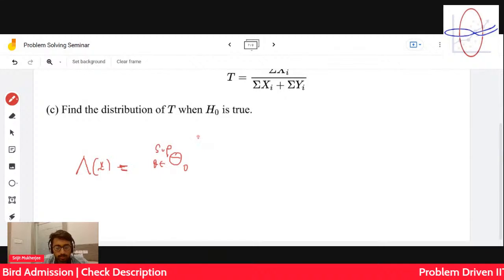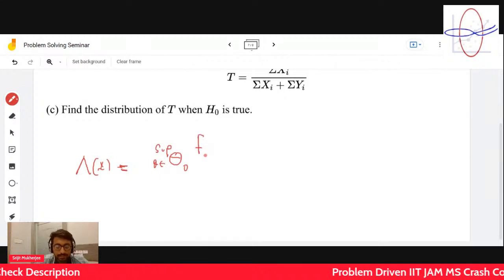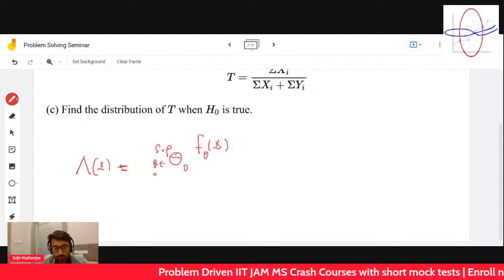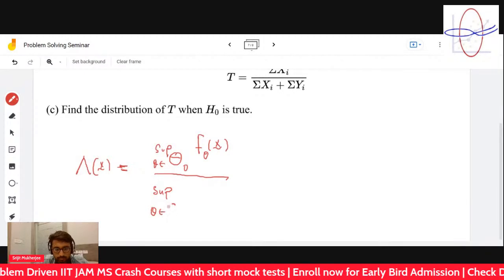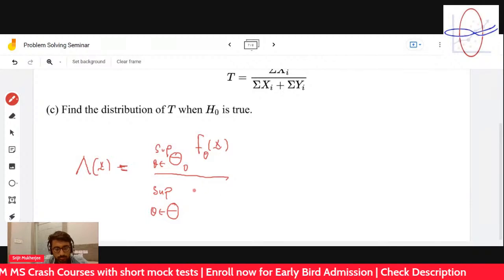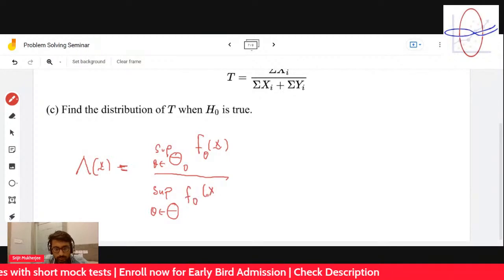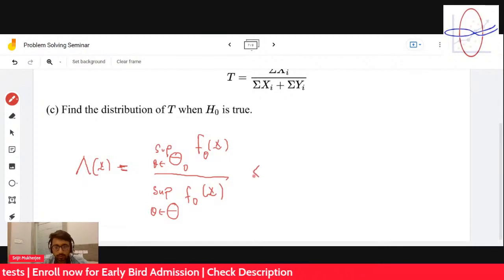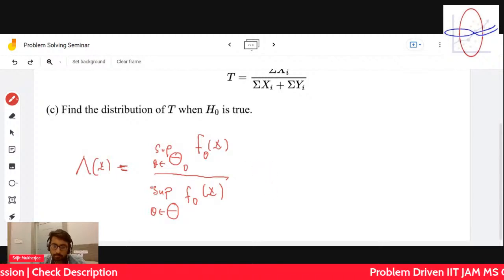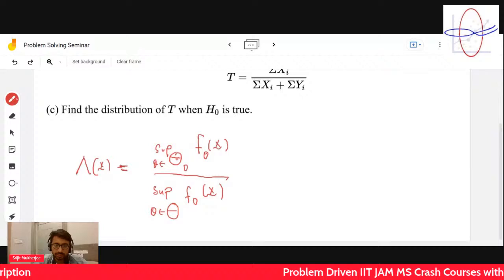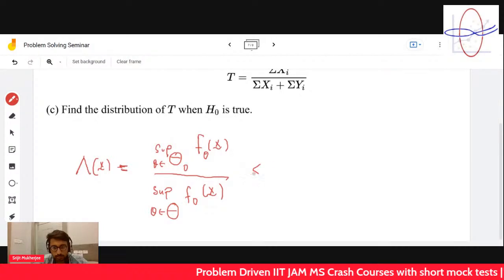Supremum of the joint distribution, the likelihood, divided by the supremum over the entire sample space of the likelihood. Understand that this is always less than or equal to 1, because the supremum in the numerator is taken over a smaller space, which is a subset of the bigger one.